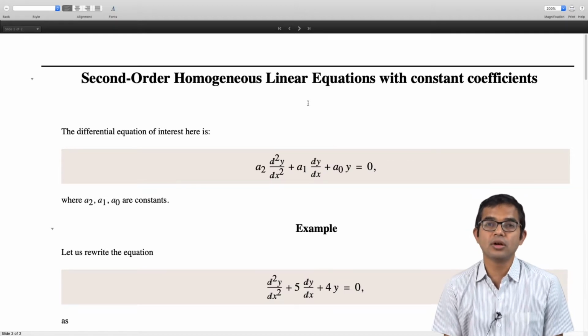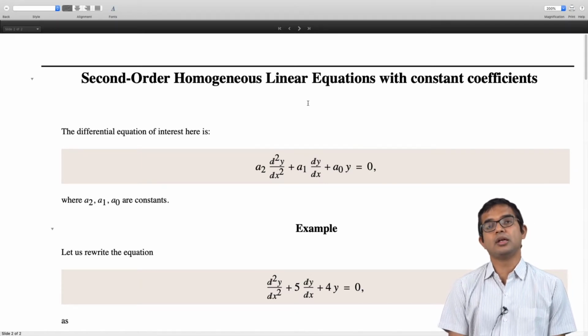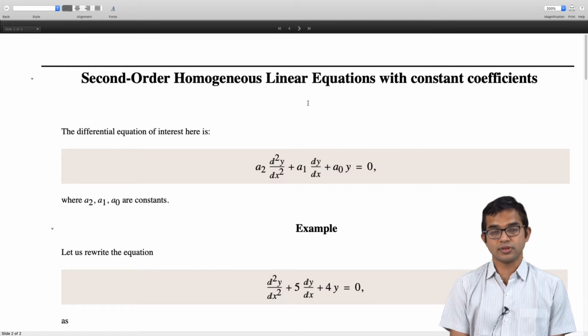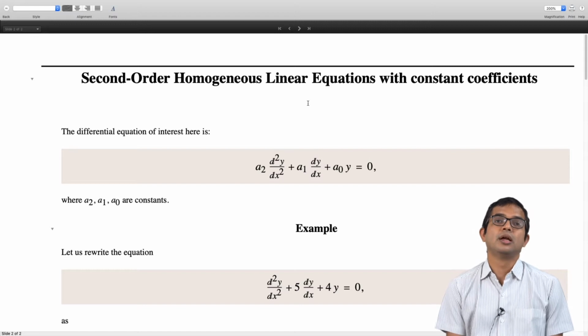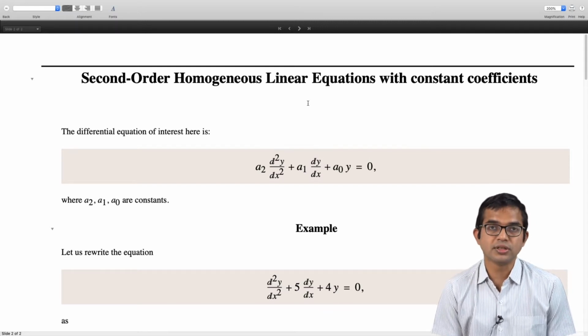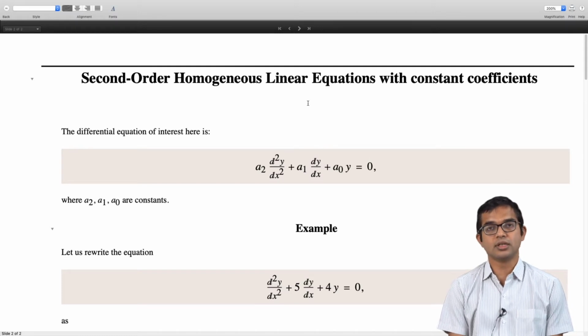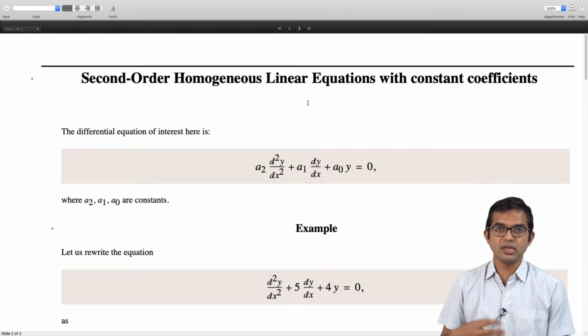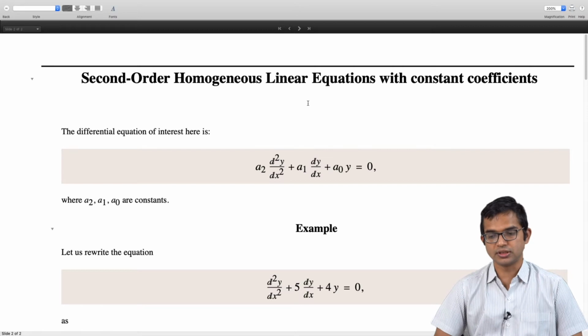We have seen already with first order differential equations how even when you are given an inhomogeneous differential equation, it's useful to find the solution of the homogeneous counterpart of the same equation and then use the solution from there to find the general solution. We will see explicitly later on how this works out, but for this lecture we will concentrate on this homogeneous differential equation, second order with constant coefficients.